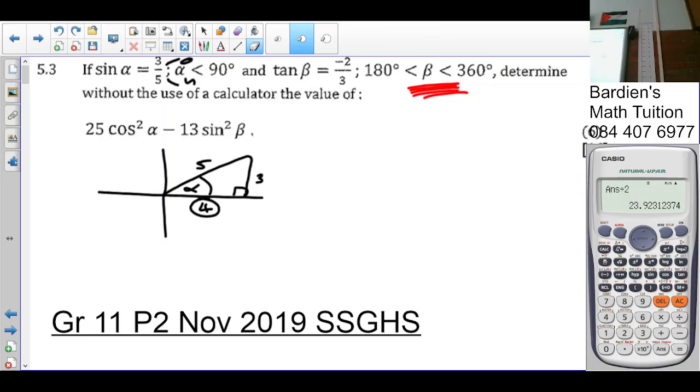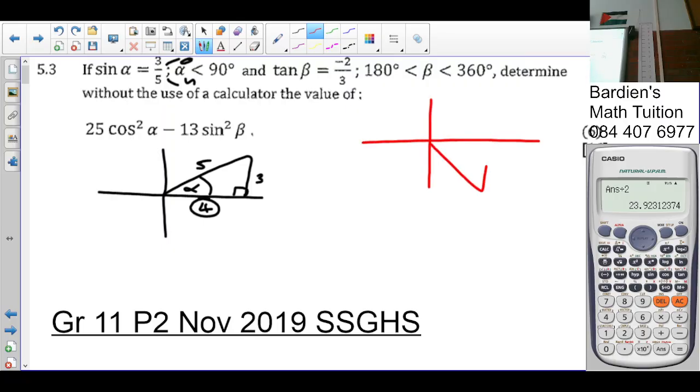Okay. The angle goes that way, and that's your beta angle. What does tan stand for? Opposite over adjacent. Opposite is 2, adjacent is 3. What do you notice? I haven't put in my sign immediately. Now we say, okay, the 2 belongs to the negative part of your y-axis. Can you see that?